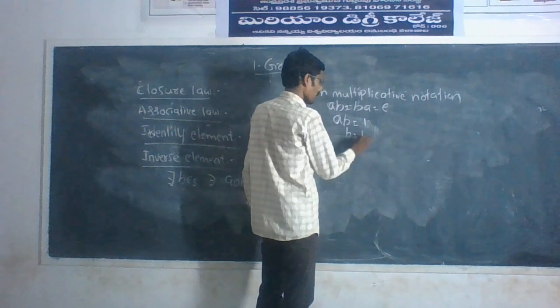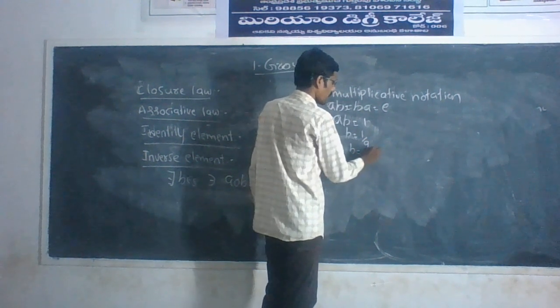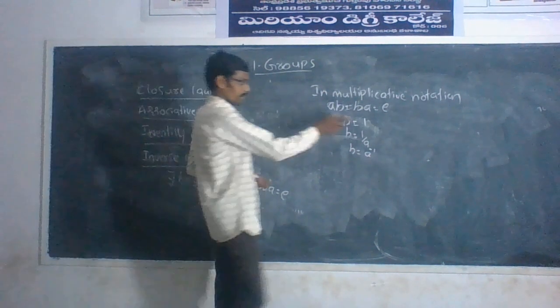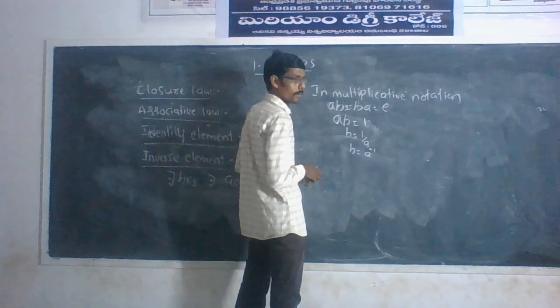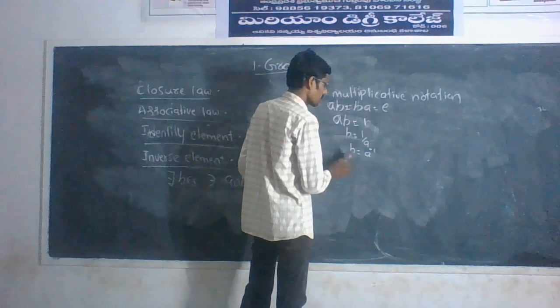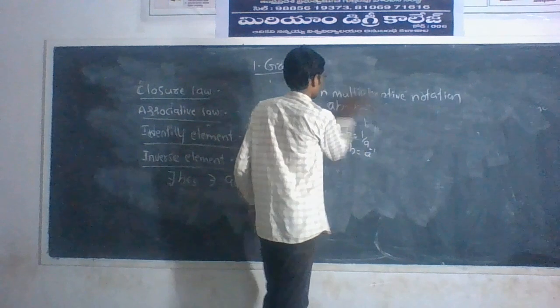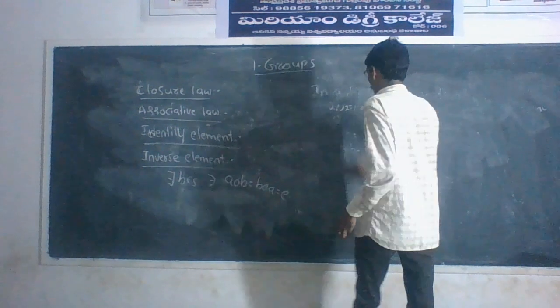So B is equal to 1 by A, that is, B is equal to A inverse. 1 is the identity element with respect to multiplication. This is A inverse. Next one, commutative law.